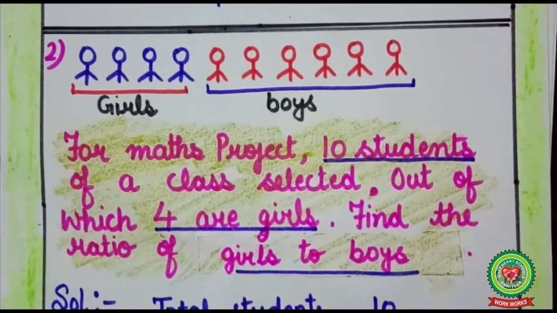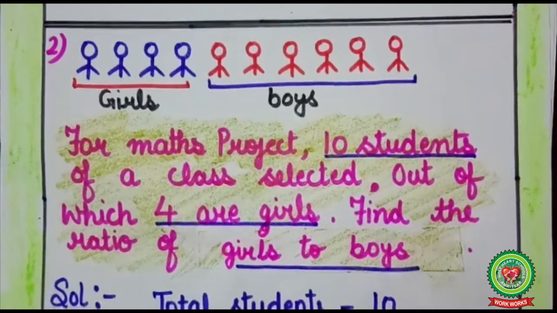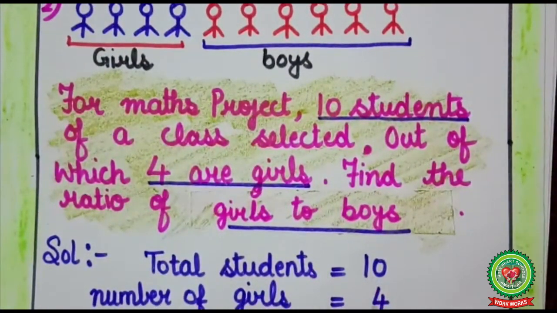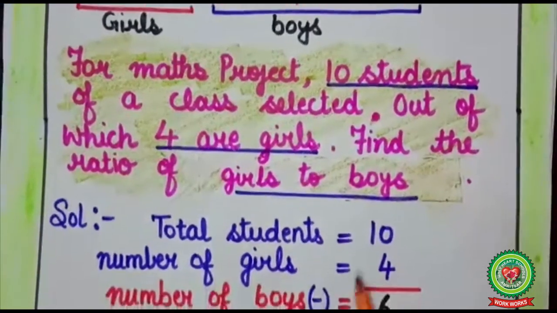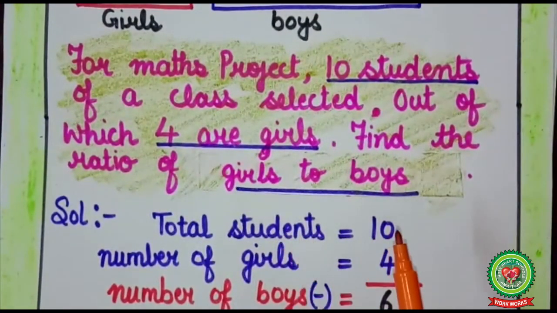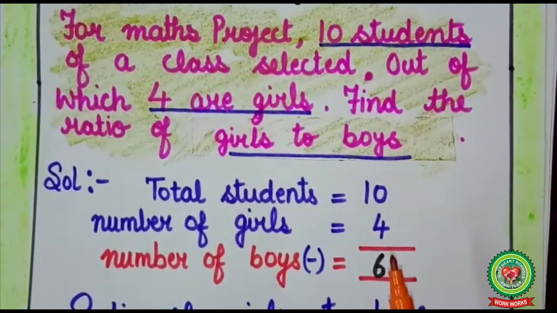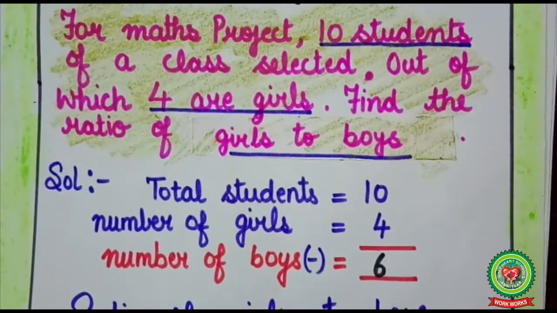So, to find the boys, I will subtract the number of girls from the total number of students. So, total students equals 10, number of girls equals 4 and number of boys is 10 minus 4, that is 6.